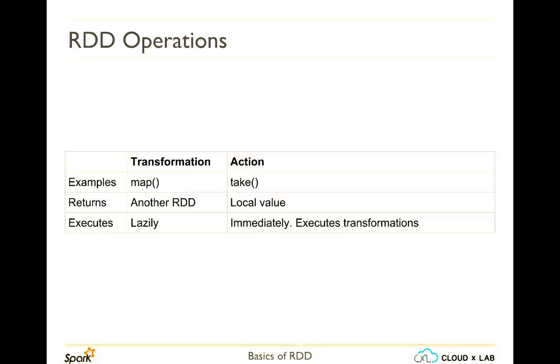Okay, action generally brings back the data to you or saves it in the disk, right? So action basically executes immediately and gets everything done, while transformation, when you execute transformation like map, filter, it doesn't do things immediately. Instead, it waits for you to call an action.